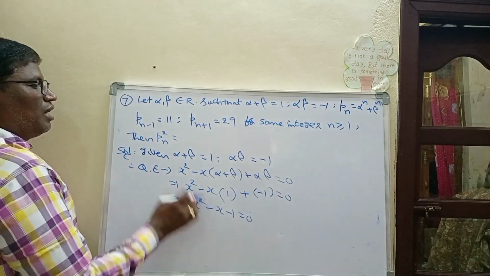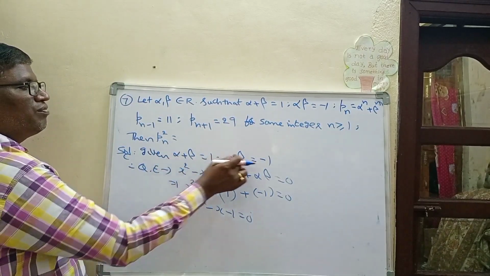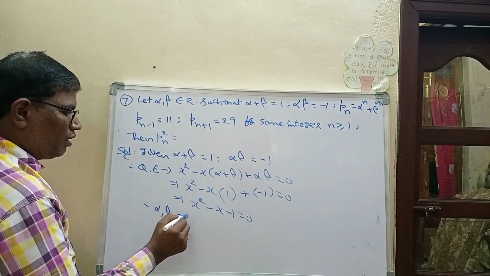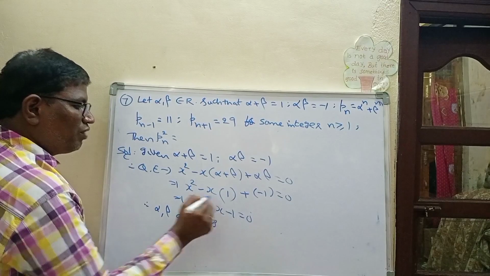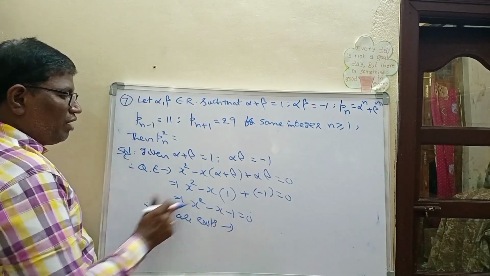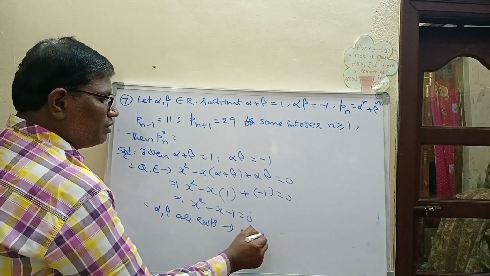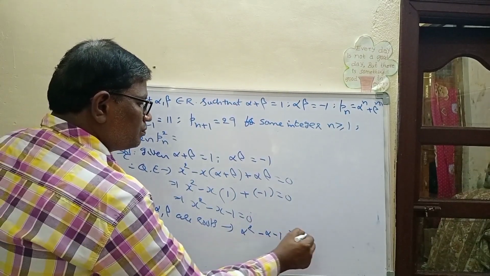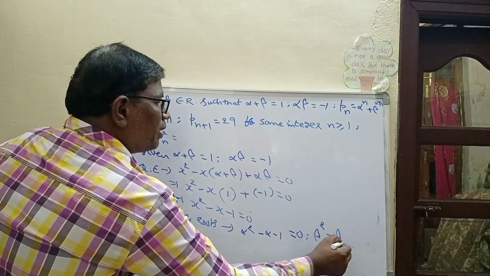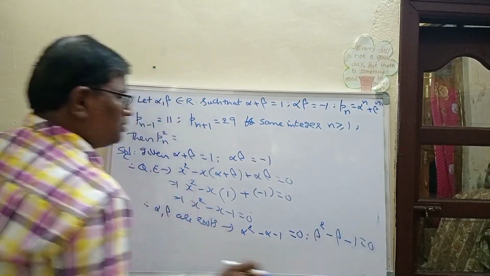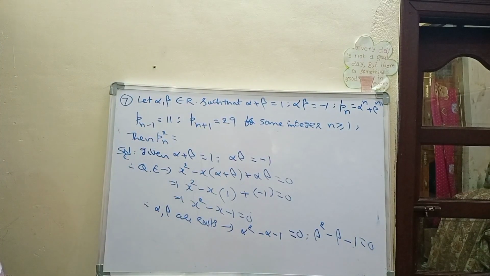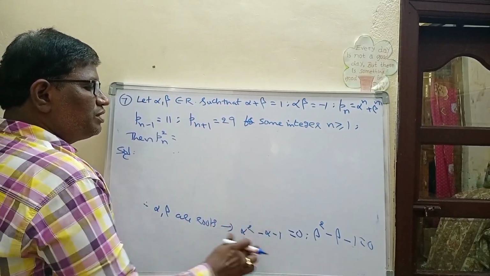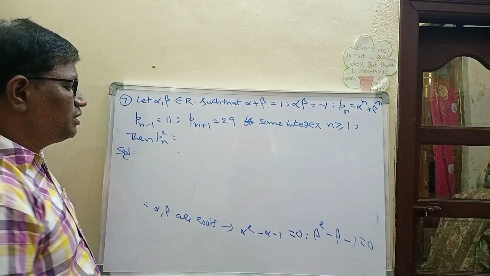So alpha, beta are roots for this equation. Whenever alpha is a root, alpha square minus alpha minus 1 equal to 0, and beta square minus beta minus 1 is equal to 0.